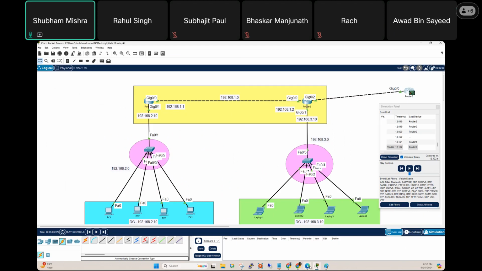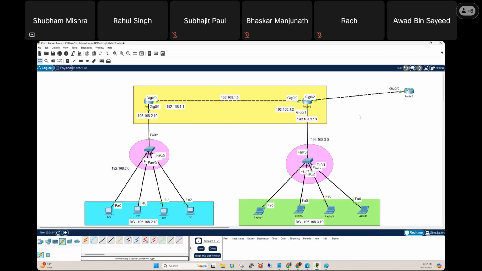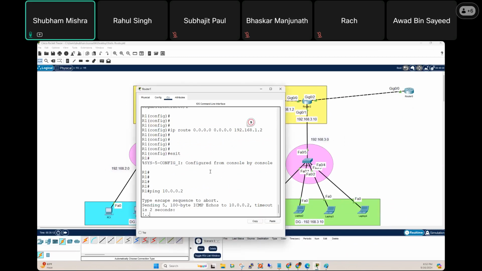So what are we discussing at that time? Host route. I hope everyone is aware about the host route. Yes or no? Before host route, let me remove all the configuration from here.